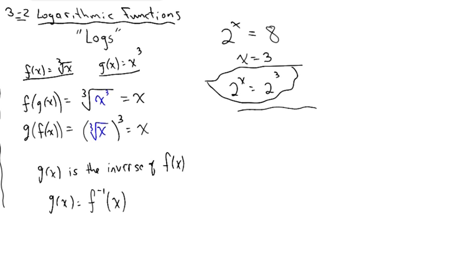The problem is this. What if I have 2 to the x is equal to 20? How do I solve for x? Wow, that gets a little crazy. So what's the question that you have to answer if you want to solve for x? I mean, how did you know this was 3? You ask yourself, what power do I have to raise 2 to get to 8, right?